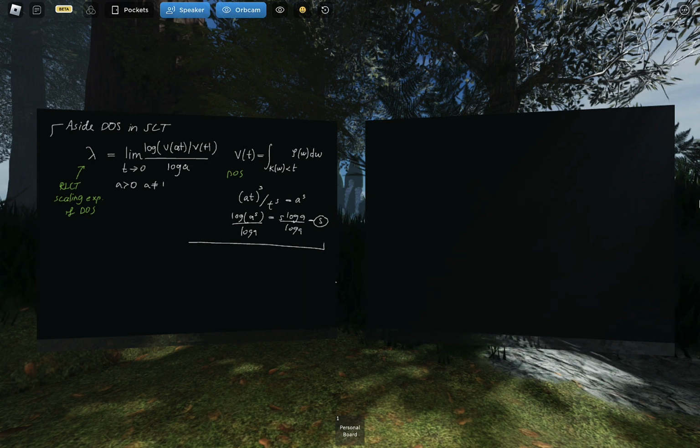So this density of states in the SLT picture is related to the measure on the volume of the parameter space.